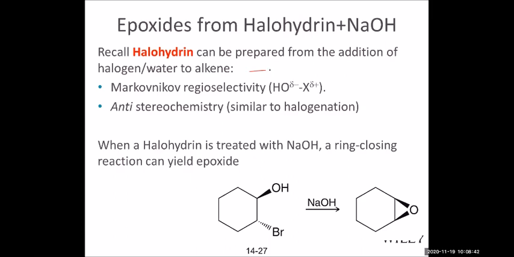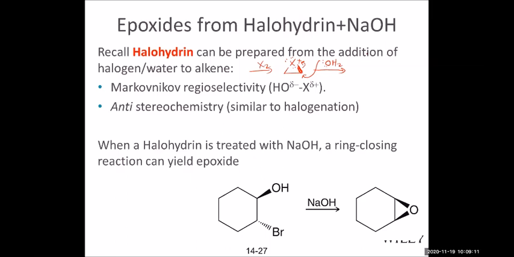At first, the halogen, which is electrophilic, formed the halogen cation, and then this is followed by the water nucleophilic attack, and this bond breaks to give us the halohydrin as a final product.